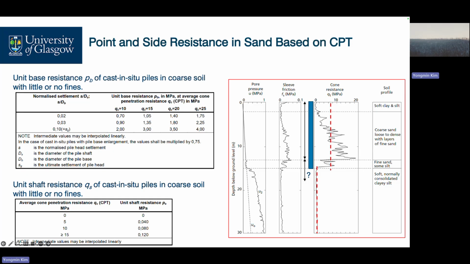the end bearing, your design actions. For example, Gk, Qk times 1.3, which is, for example, 11,000 kilonewton. So you can determine your pile length. Only unknown is your pile length.